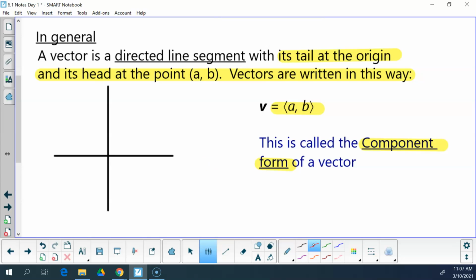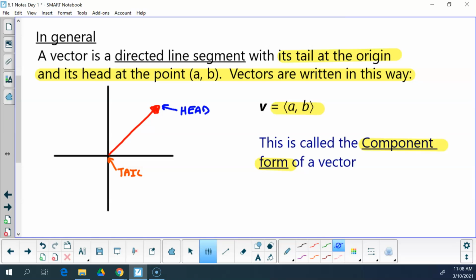So a vector, what's my vector, Victor? Has its tail at the origin, if it's in standard position, and the head of the vector is at a specific point.